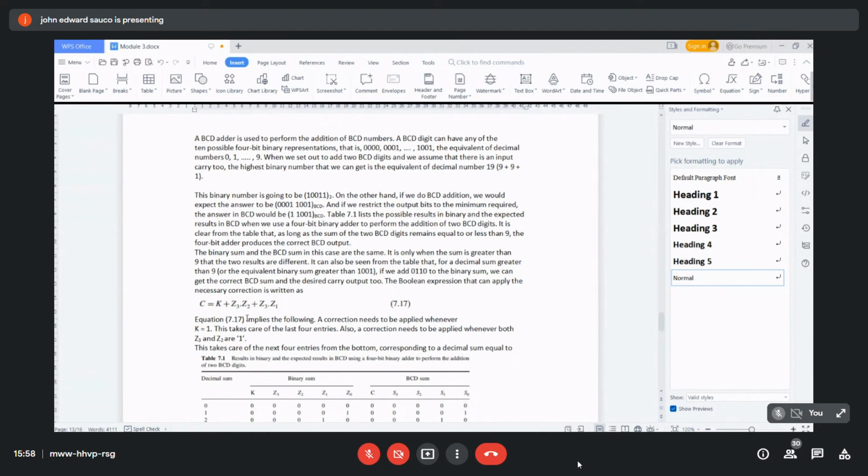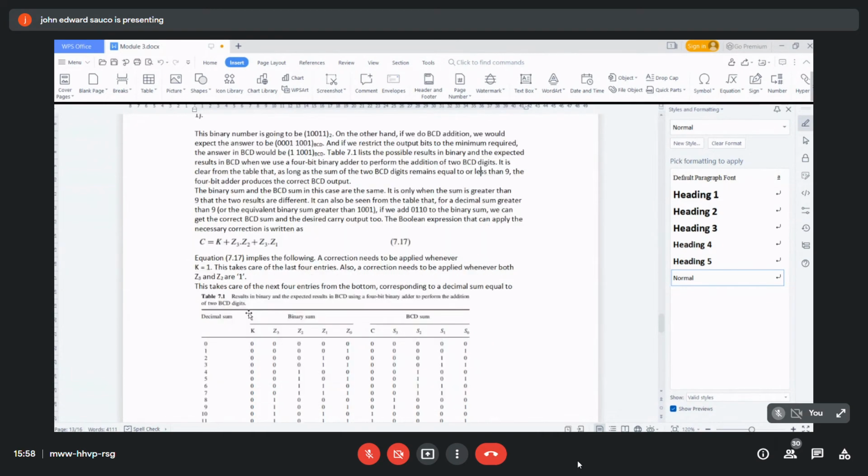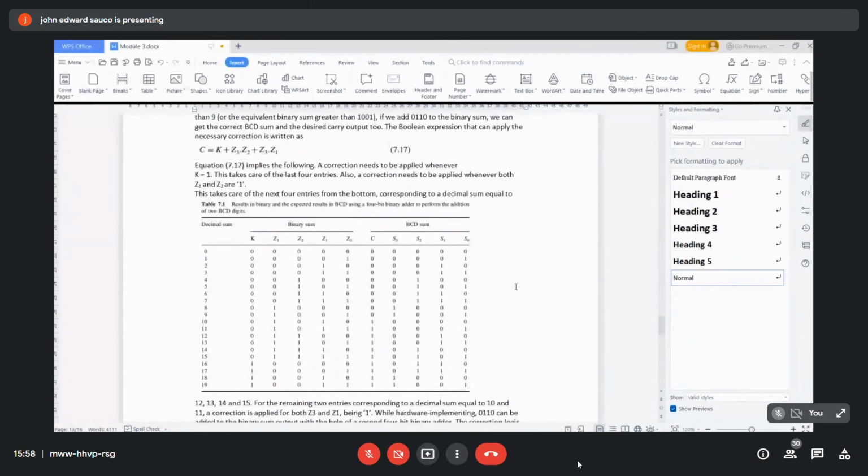So, yan, sinasabi rito. So, para mas malinaw, makikita nyo ito. Binary sum saka BCD sum. Okay? So, sa binary sum is may K. Ito yun. K plus Z3, Z2, yan. So, correction needs to apply whenever K is 1. Right?